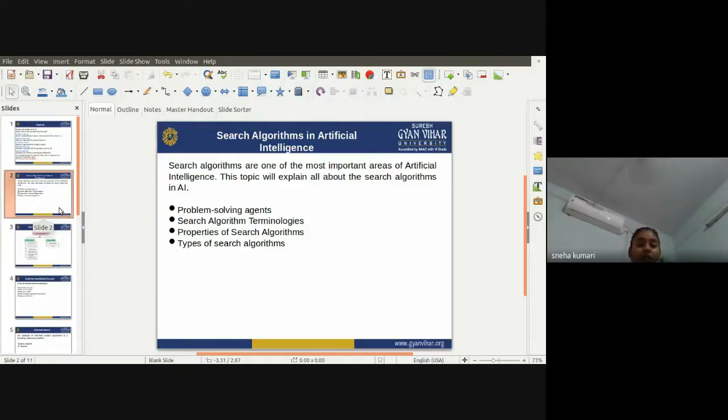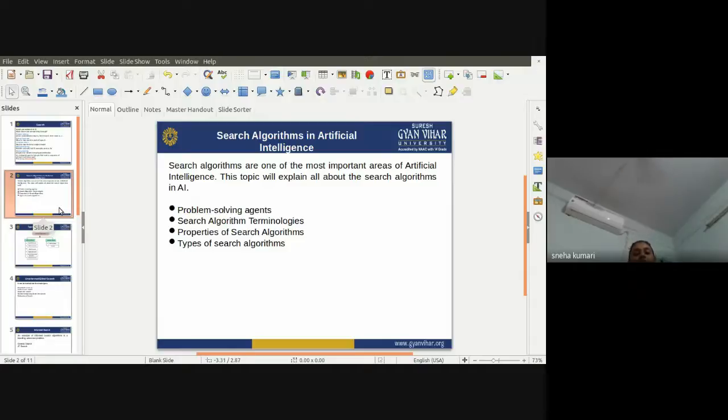So it completely depends on the input. And which one is better is checked by these four properties: completeness, optimality, time complexity, and space complexity. Definitely optimality should be high, completeness should be high, time complexity should be low, and space complexity should be low, right?